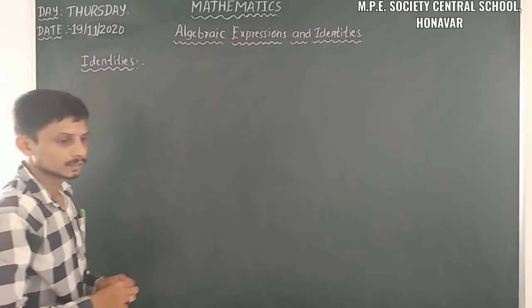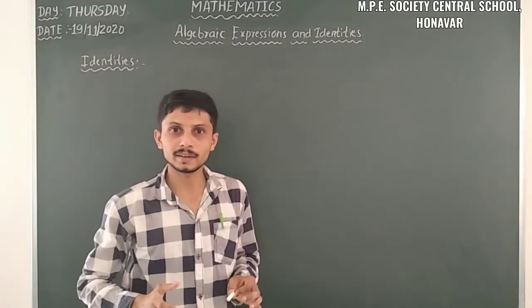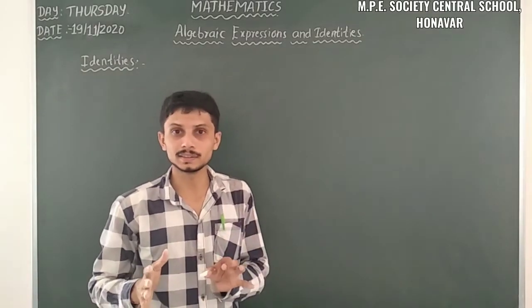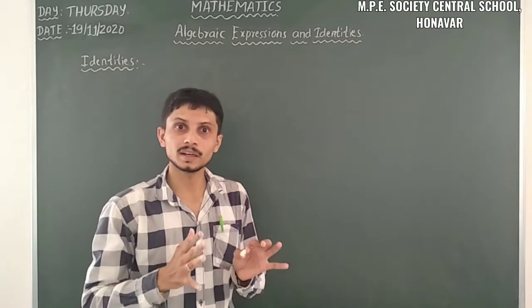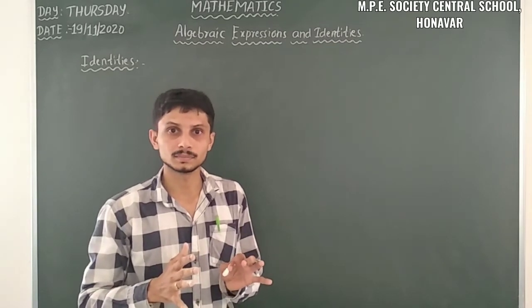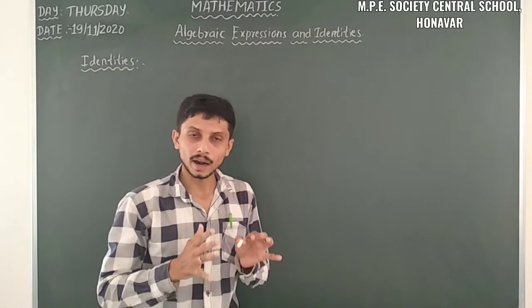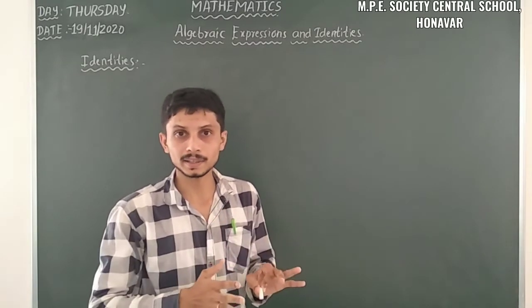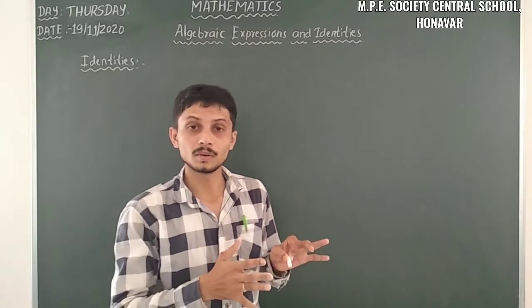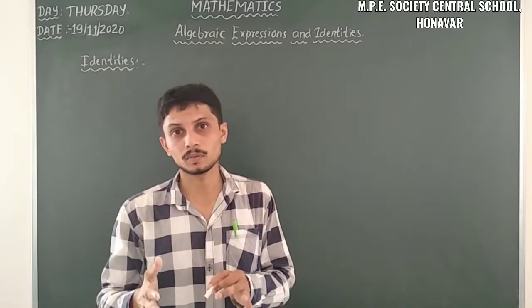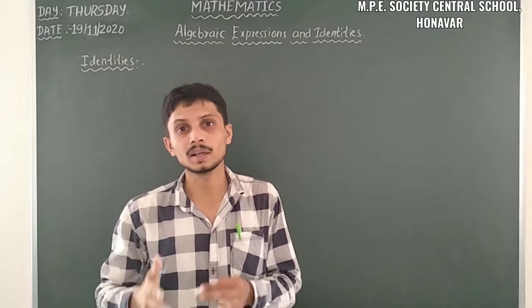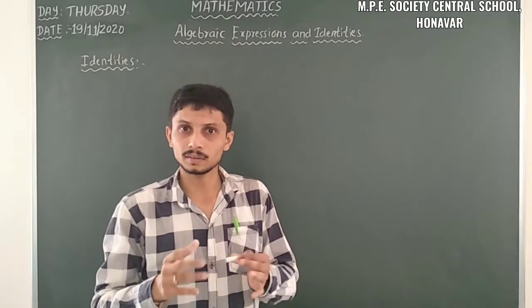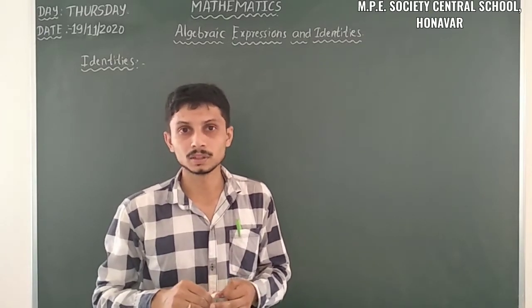Identity, like an identity card, means it is unchanged. No change. Here, in the algebraic expression, we already know monomials, binomials and other expressions.